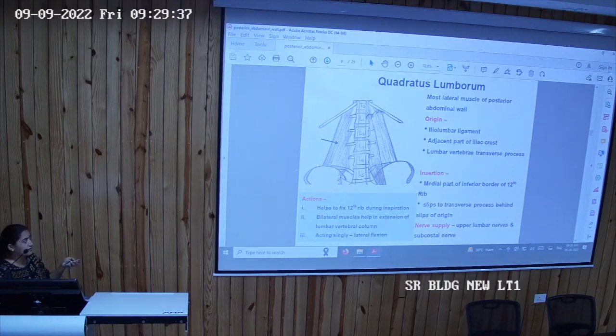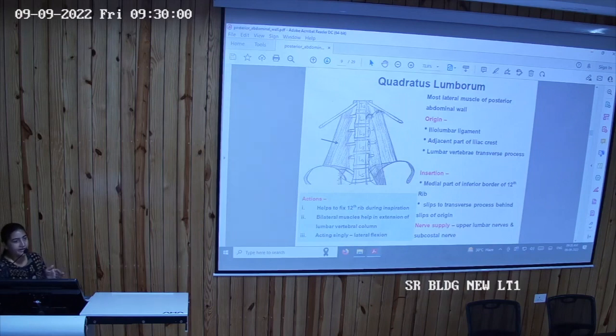So this region gives the origin or the proximal attachment for the quadratus lumborum, that is the iliolumbar ligament, then the part of the iliac crest and the lumbar vertebra transverse process. So which region of the iliac crest gives origin to the quadratus lumborum, ventral region or the dorsal region?